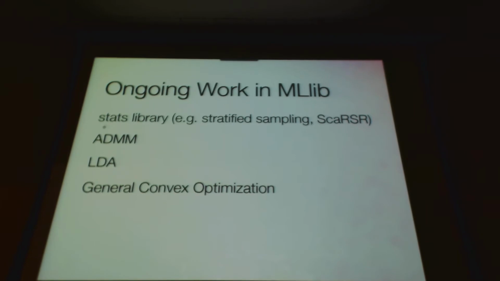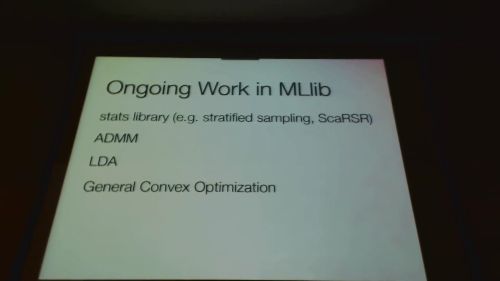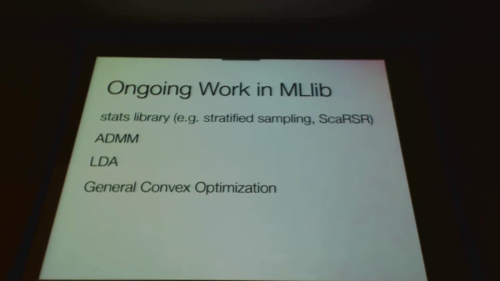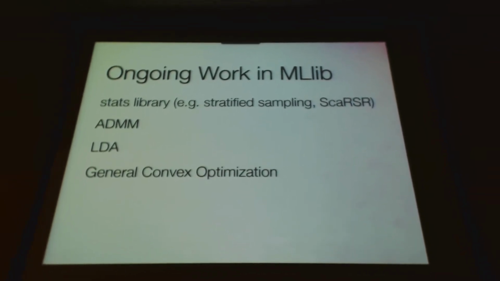Most of the work on Spark is out of Berkeley, unfortunately. I say this with a heavy heart, but it's changing. Because Spark is out of Berkeley, a lot of people there care about distributed computing. That's where most of the work on the distributed computing side of Spark happens.